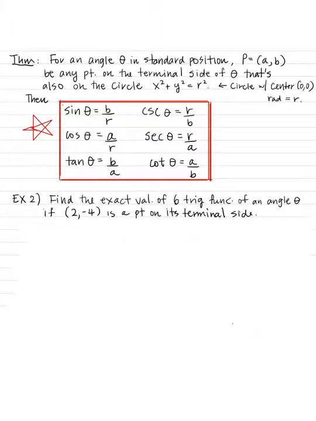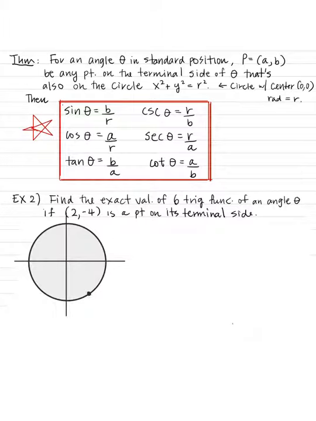Alright, so let's look at some examples again. Example 2: find the exact value of the six trig functions of an angle theta if (2, negative 4) is a point on its terminal side. Okay, so again, let me just draw some pictures here to understand what's going on. Now I'm going to plot (2, negative 4).